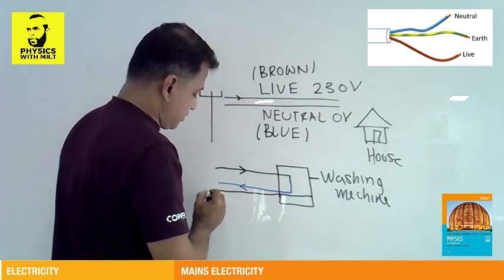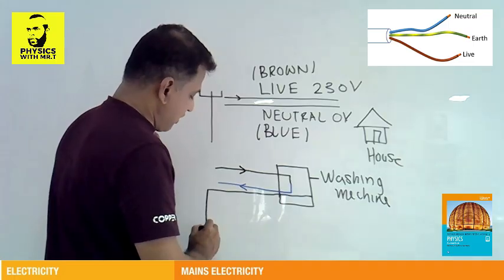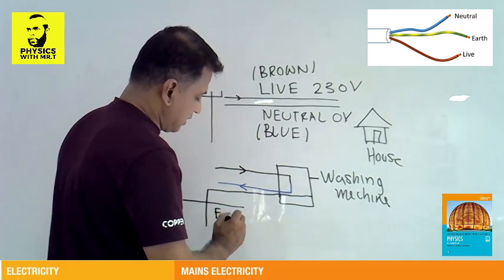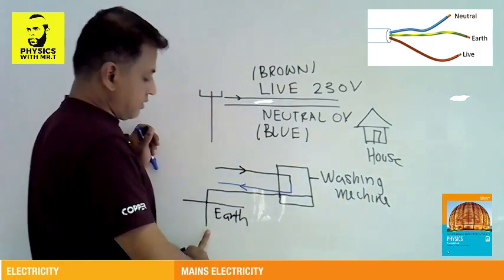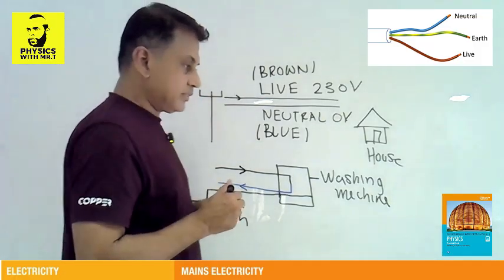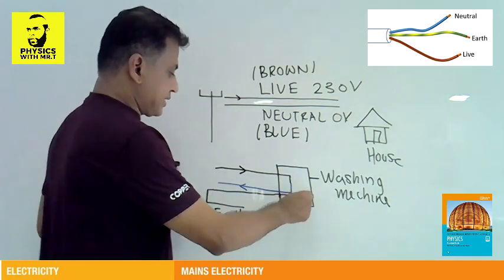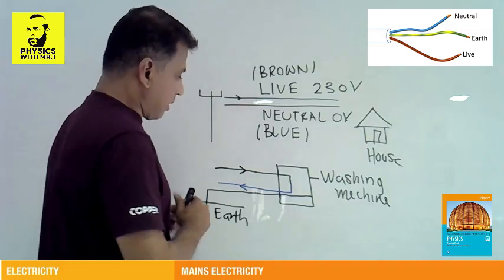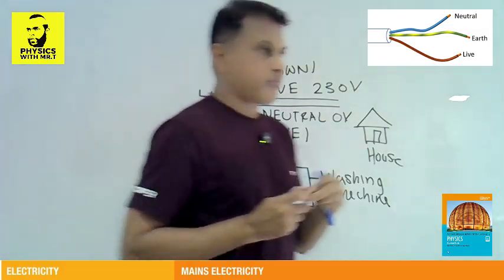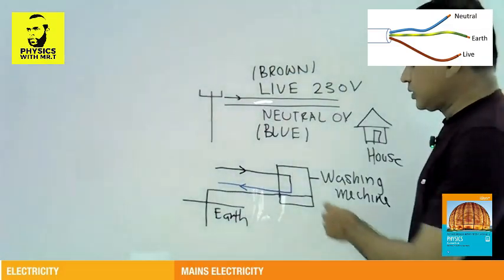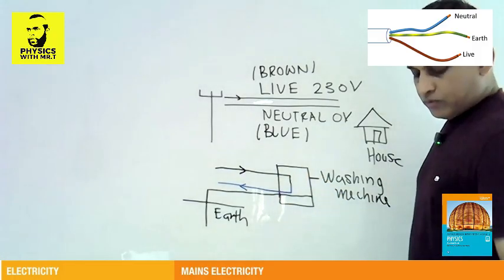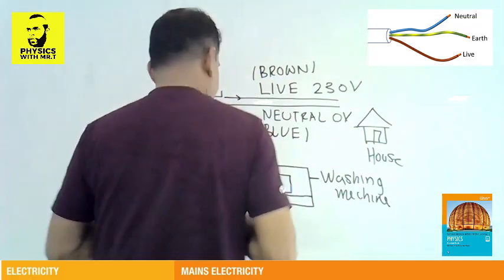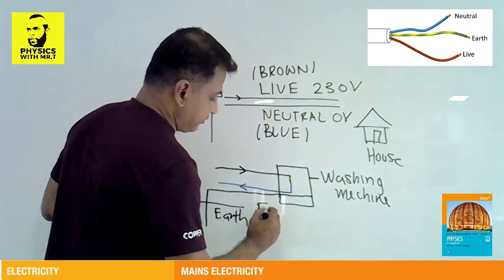What we do is use a copper rod which is buried in the garden, and this is connected to the metal cover of this washing machine. That one is called the earth wire.